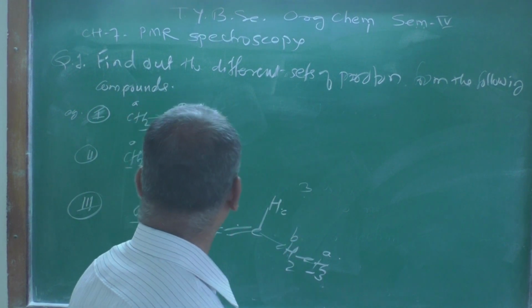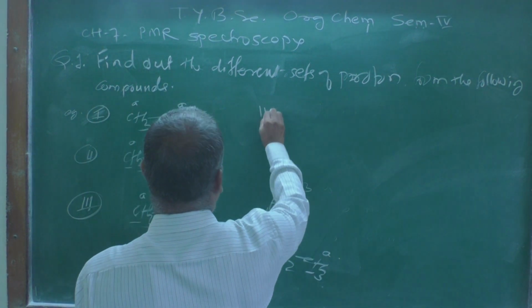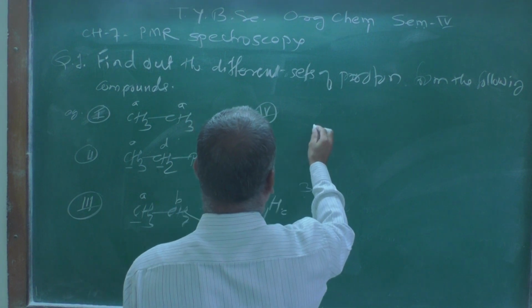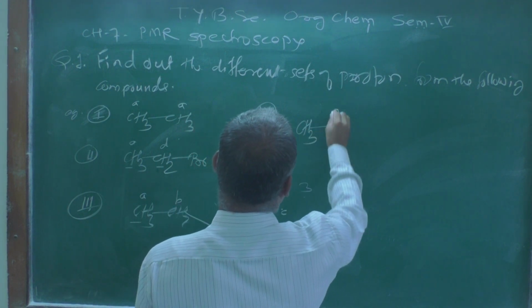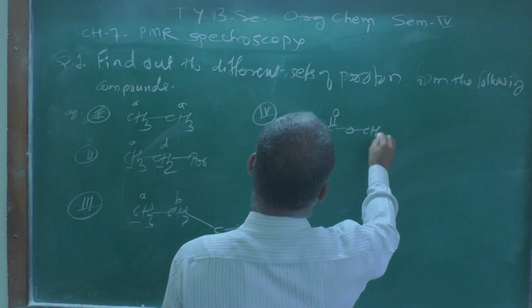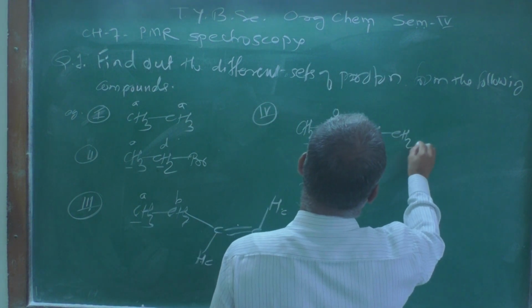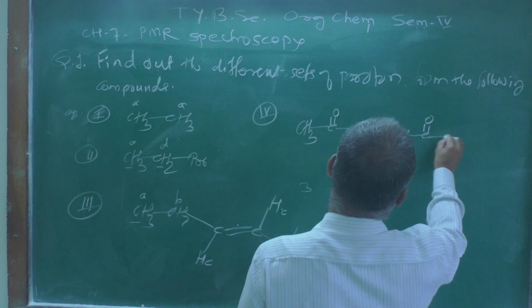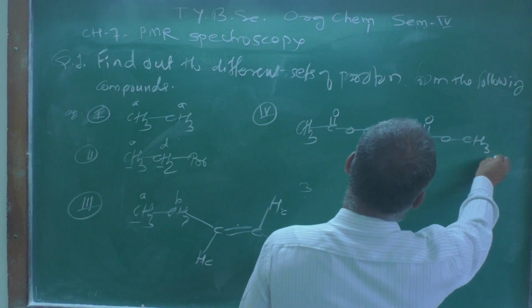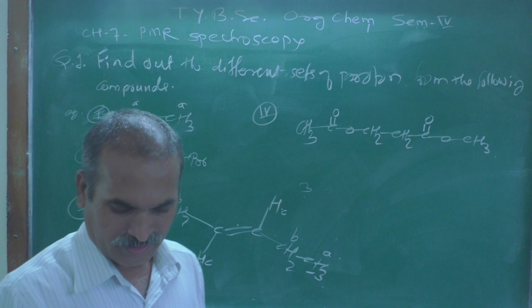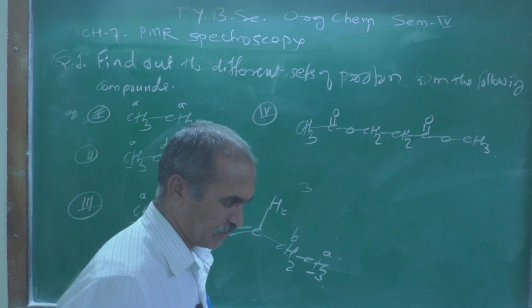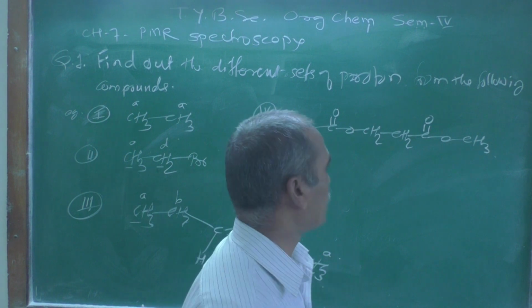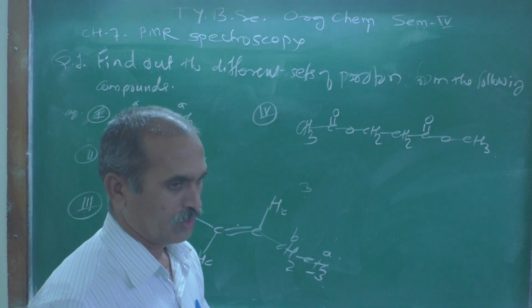Now let us see one more example over here. Let me draw here CH3, C double bond O, CH2, then CH2, C double bond O, then O and CH3. This is one of the simplest examples which I have written here.